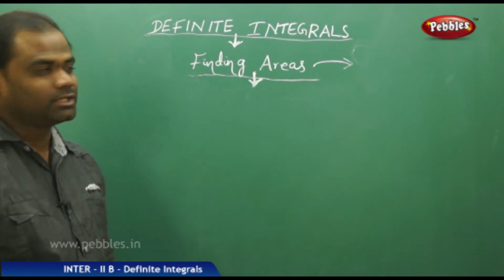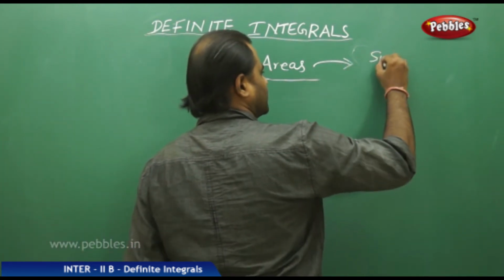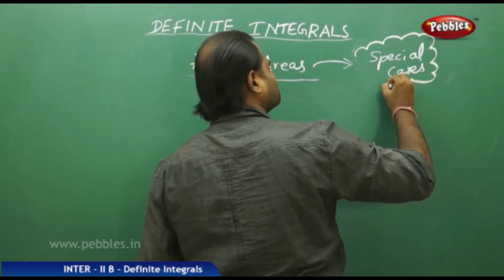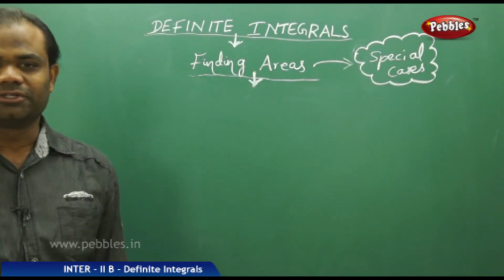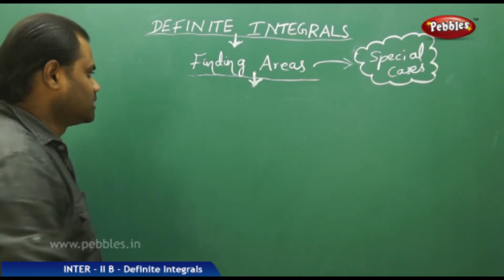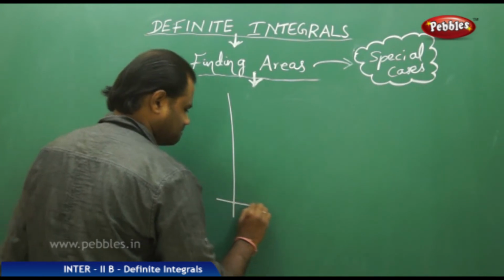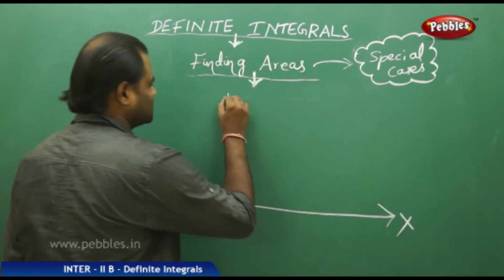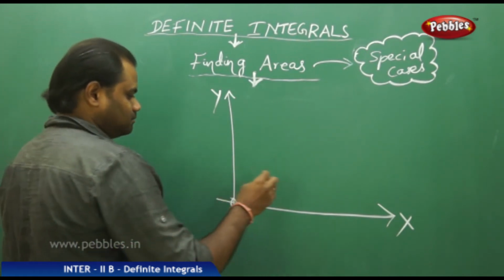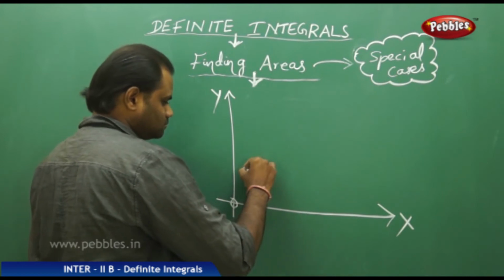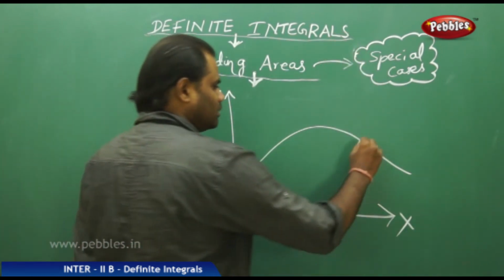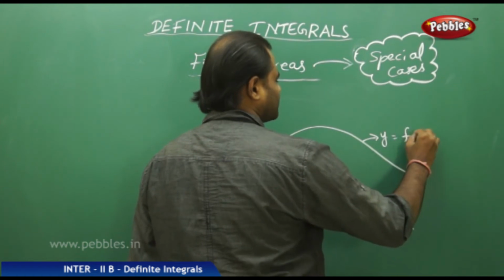Now let's see some special cases of finding areas. As we have seen the general formula, now come the different special cases through which we understand finding the areas of various types of curves. Say for example, I have my x-axis and my y-axis, and here is the origin, and say I have the curve y equals f of x.